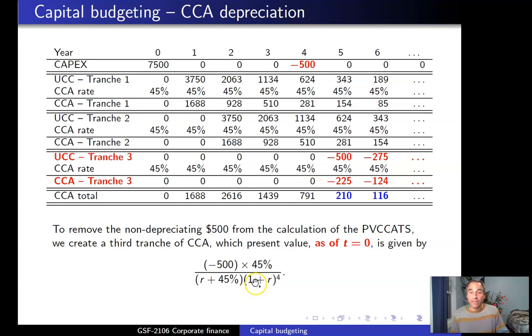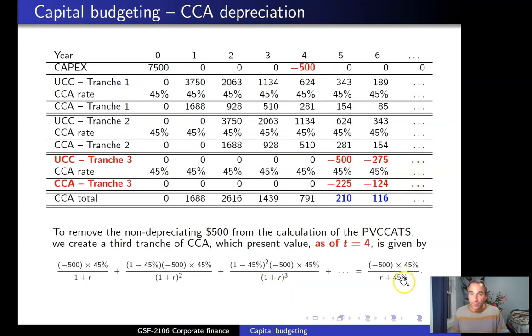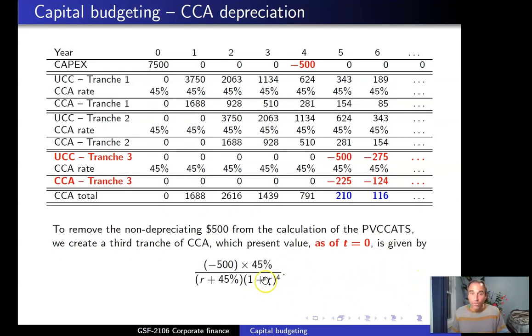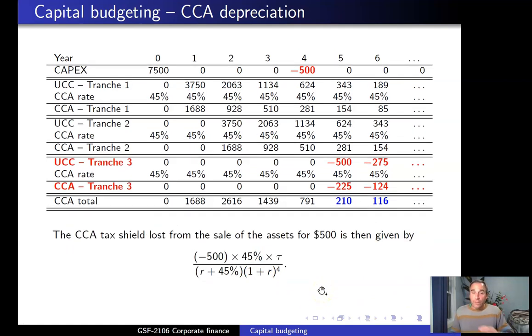So we need to divide what we obtained earlier here by 1 plus R to the power 4. And what interests us is the tax shield. So we need to multiply this value by the tax rate.